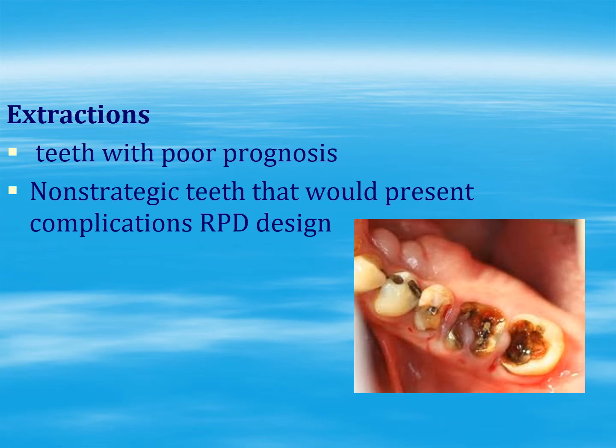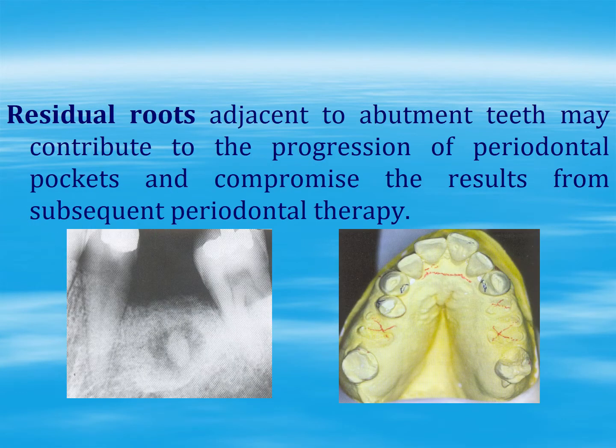So basically, all these teeth have to be either extracted or endodontically treated before we start any designing or any of the further prosthodontic treatments. So if they're not required, they have to be either endodontically treated or extracted, guys.